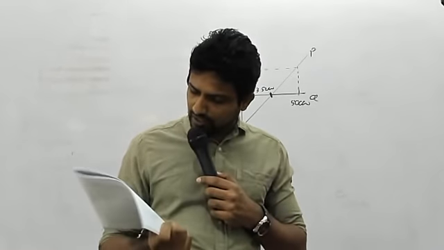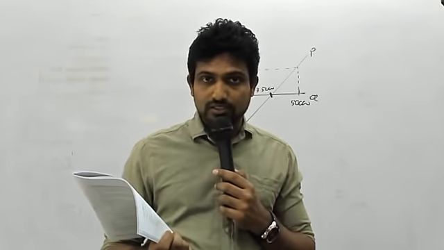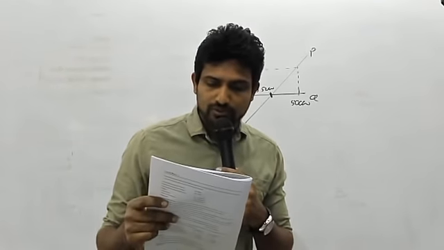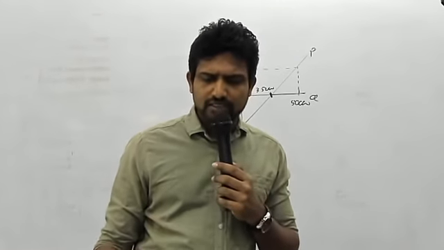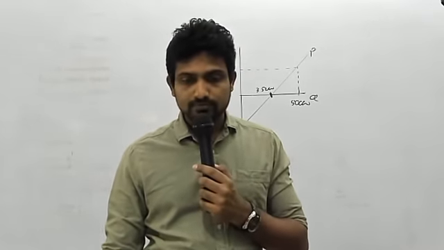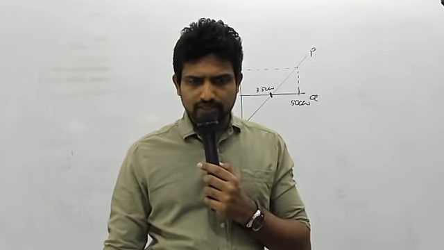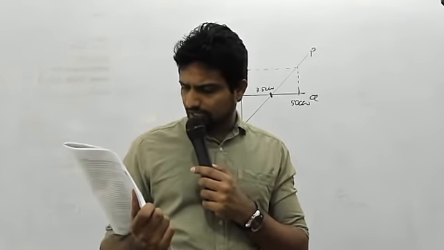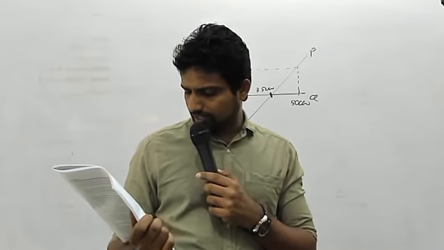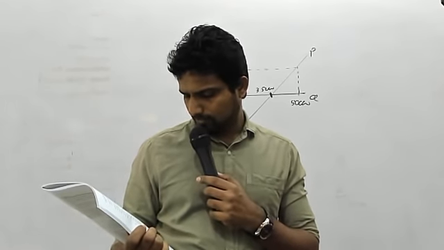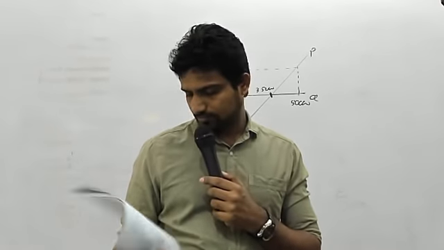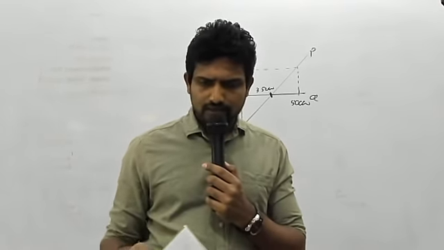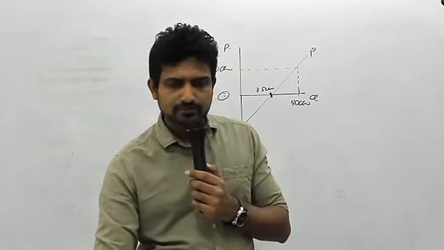If you want to earn 150,000 profit, fixed cost plus profit. Fixed cost is 200,000, that plus profit 150,000. 200 plus 150, is it 350,000? Yes. 350,000 divided by 21.